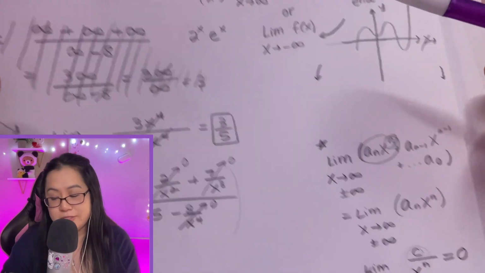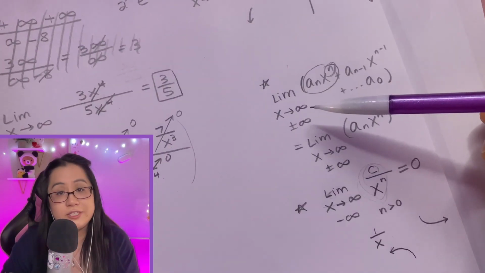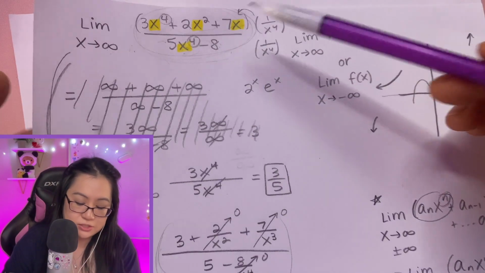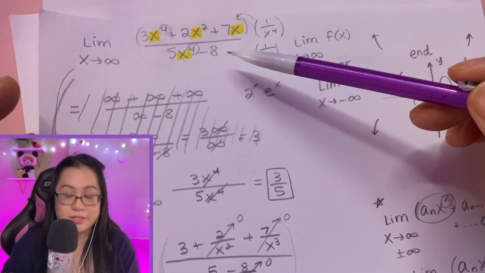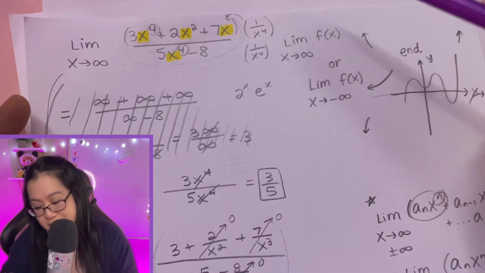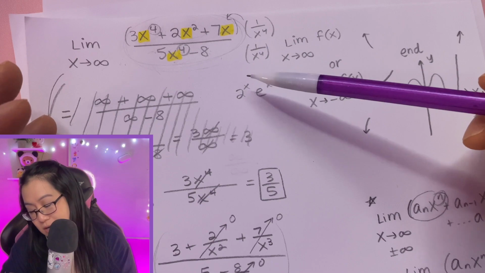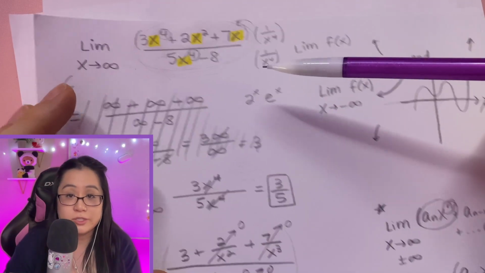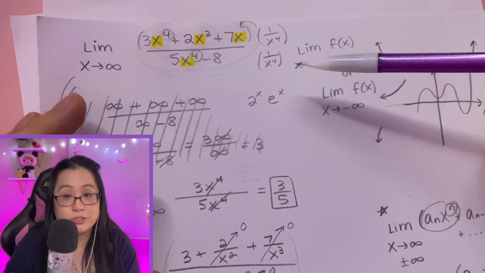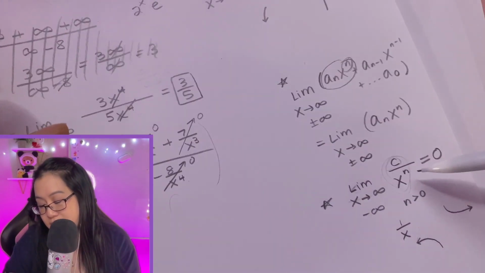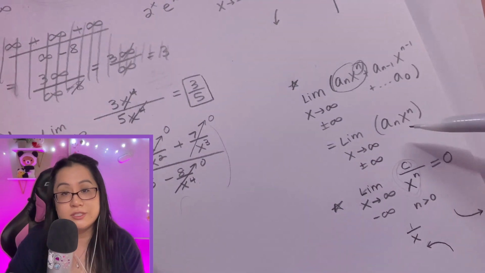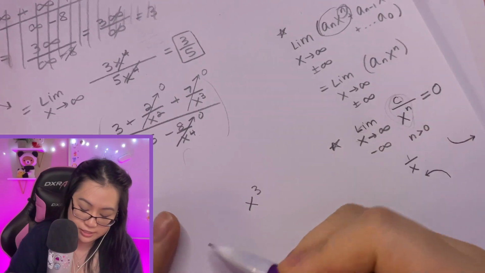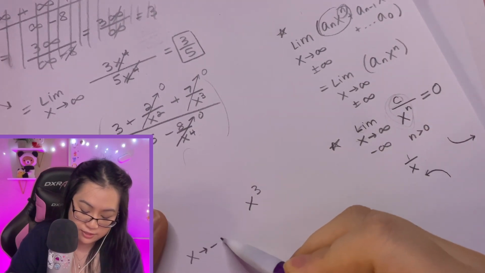Another thing I do want to mention is that for infinity and negative infinity, this is just one type of function, right? We can do others, like exponentials, logs, and square roots. But when you're working with negative infinity in general, just do that algebraically. Consider, for instance, x cubed with x approaching negative infinity.